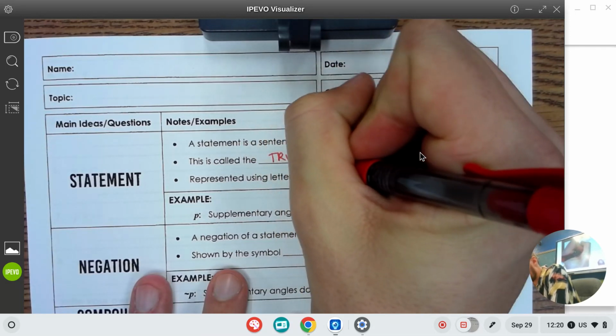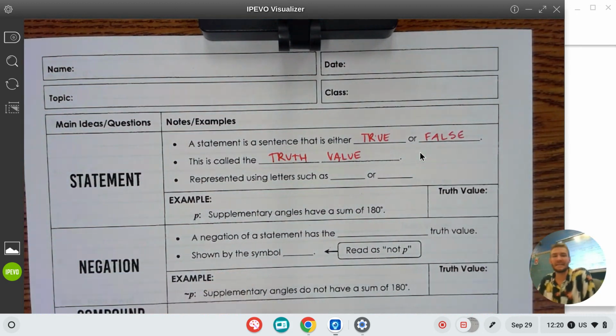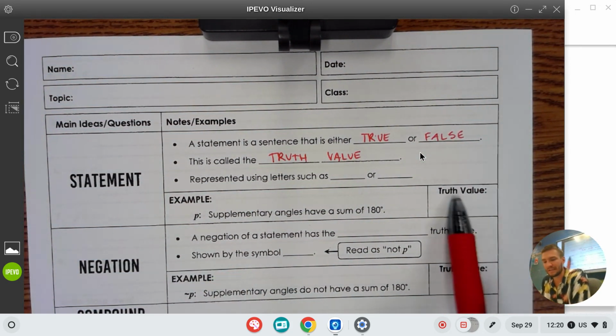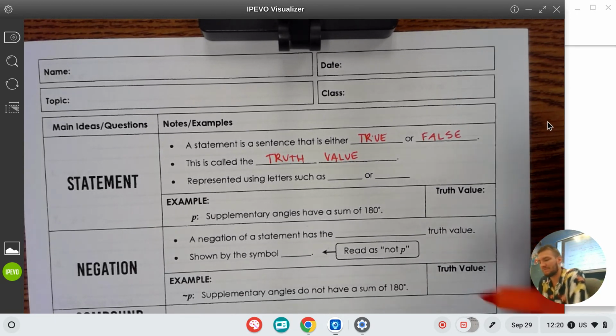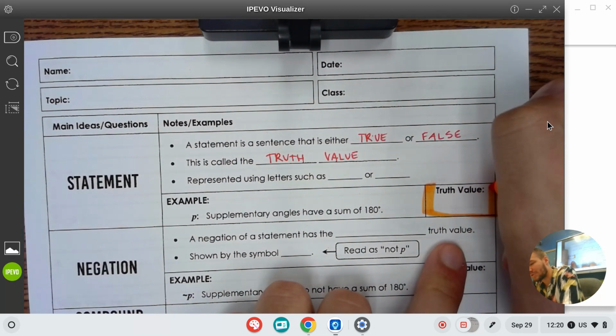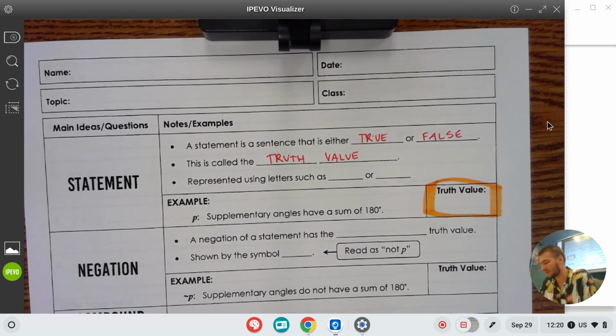That's going to give it a truth value, okay? Basically, your truth value, you can see a little box here that says truth value, is either true or false, okay? So don't let that sound super complicated. Your truth value is either going to be true or false.